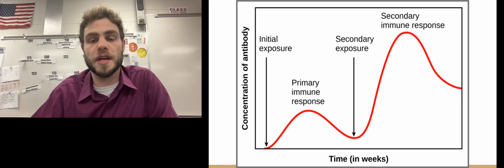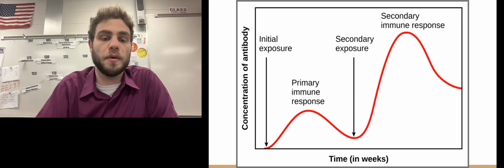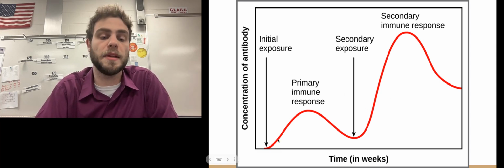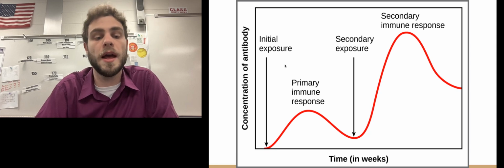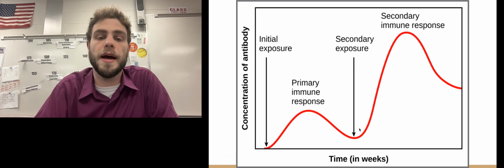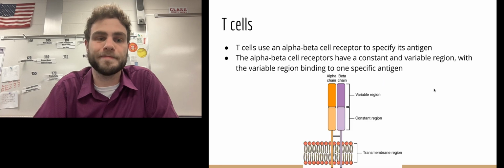If that virus mutates, oftentimes it's going to mutate in a way that it is no longer recognizable, based on what your body remembers about it. And so you're going to have to go through this response again. So that's why you would get the flu vaccine every year. It's mutated enough to where you need a new vaccine to generate a new initial exposure, so that if you ever come into contact with it, your secondary exposure can be quick.